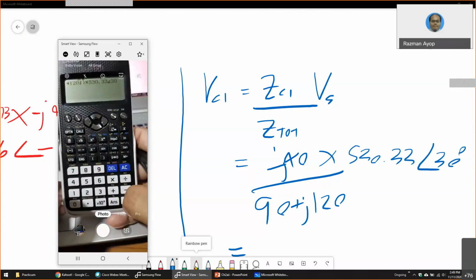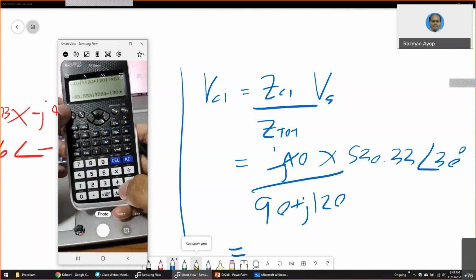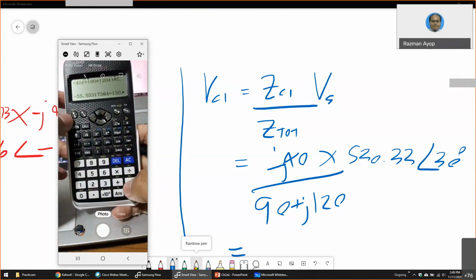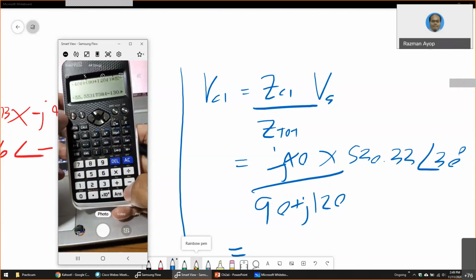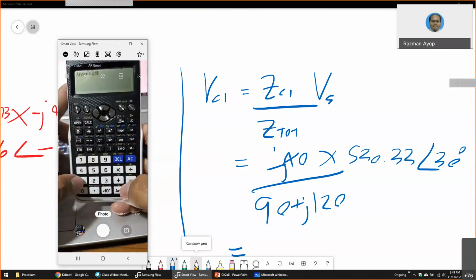Equals. Don't forget to convert because we have to use the rectangular form for voltage and current. So shift, option, go down, press 1, equals.